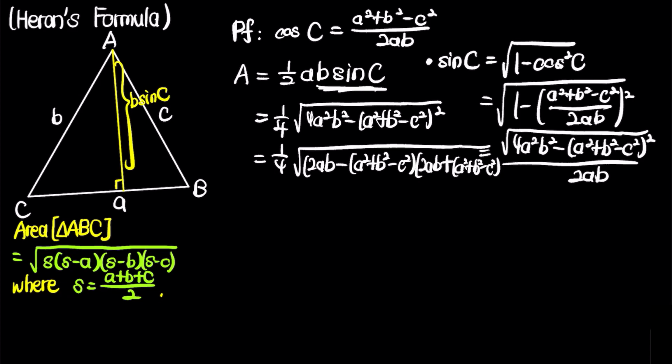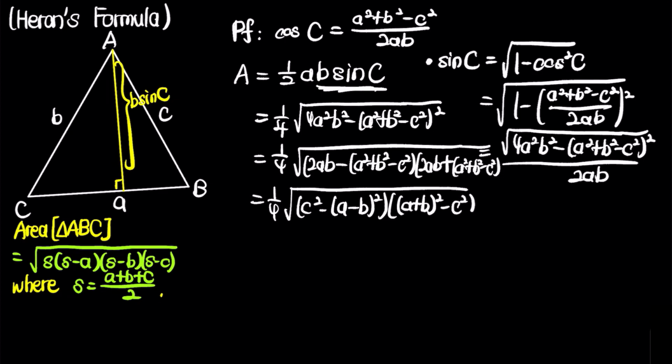So now this simplifies into 1 over 4 times the square root of: we can group the 2ab and a squared plus b squared together, so we get (c squared minus (a minus b) the whole thing squared) times ((a plus b) the whole thing squared minus c squared).